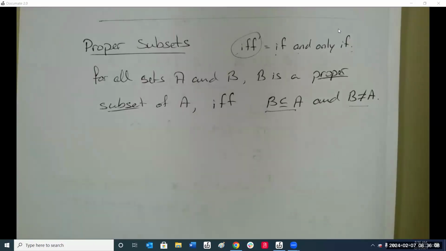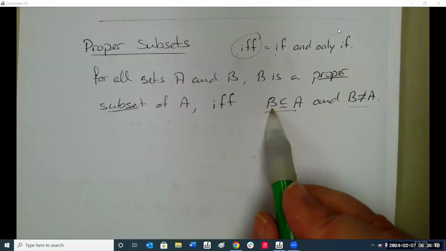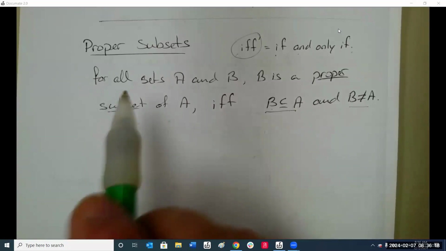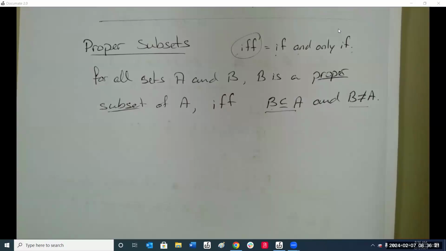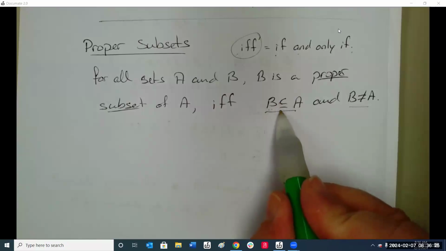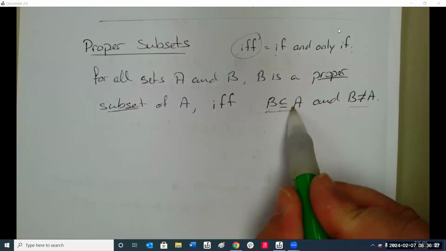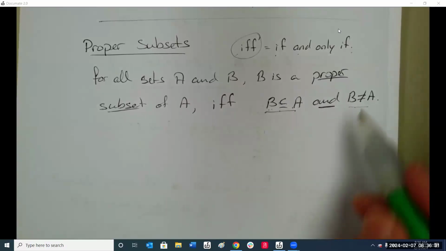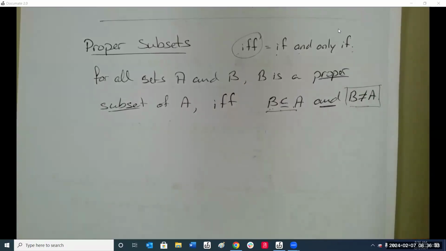Whereas for subsets, we simply stated the elements of B are elements of A. They could be all of them, or they could be just one of them. What does proper subset say? It says that B is a subset of A and B does not equal A. What does it take to prove that B is not equal to A?